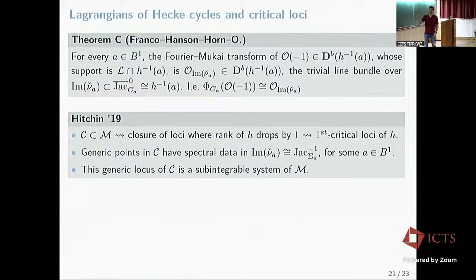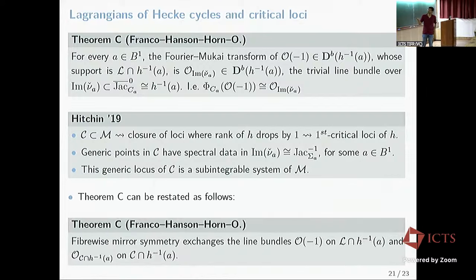And in his words, this is called the first critical loci of the Hitchin map. Nigel also proved that the spectral data of elements here is exactly the image of the Jacobian of the normalized curve of degree -1 inside the compactified Jacobian. So it's exactly this image here, for some A in B1, or also still nodal curves. Actually, this C is a subintegral system that Nigel also mentioned in his talk.